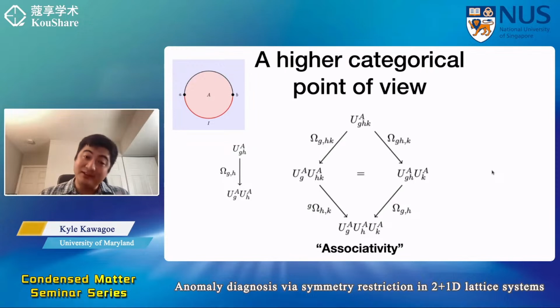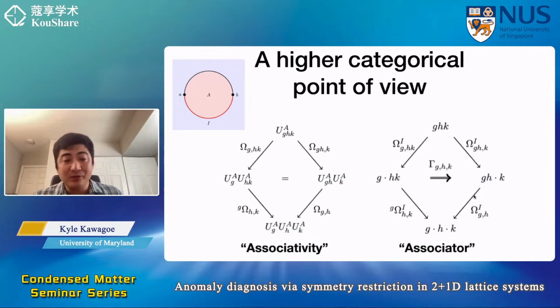But okay, fine. So the idea is associativity is represented by this square now. But keeping with our theme of higher categories, whenever you go up a level in a category, you replace every equality with an isomorphism. And here, by restricting an operator, what I'm saying is that if you restrict an operator, the identities it satisfied before will now only be satisfied up to some unitary.